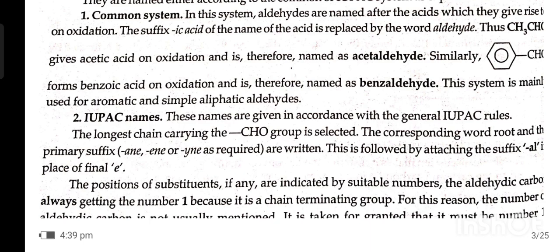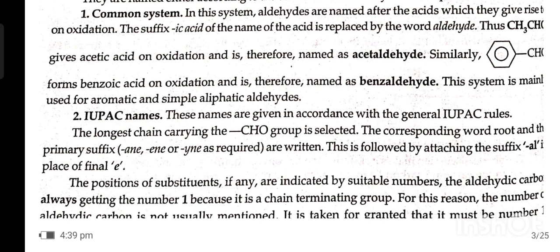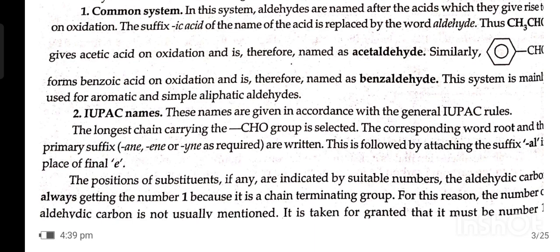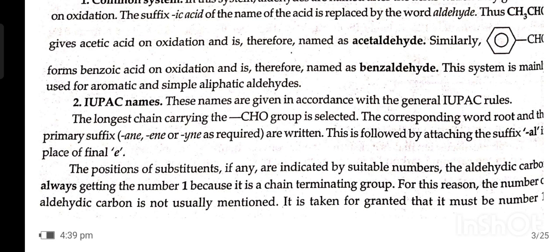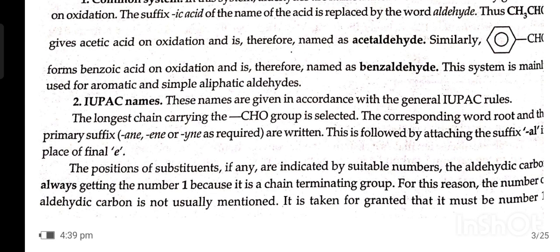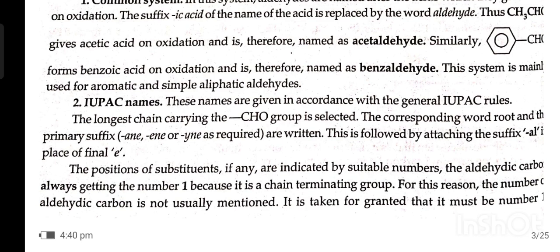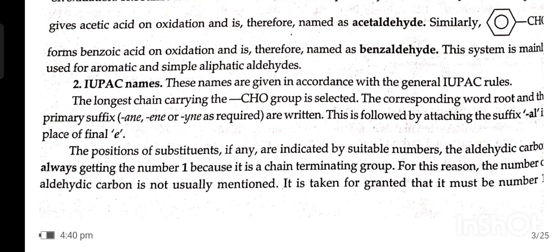Thus, CH3CHO gives acetic acid on oxidation and is therefore named acetaldehyde. Similarly, benzaldehyde forms benzoic acid on oxidation and is therefore named benzaldehyde. This system is maintained for aromatic or simple aliphatic aldehydes.